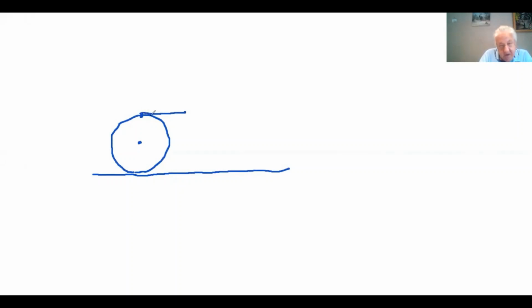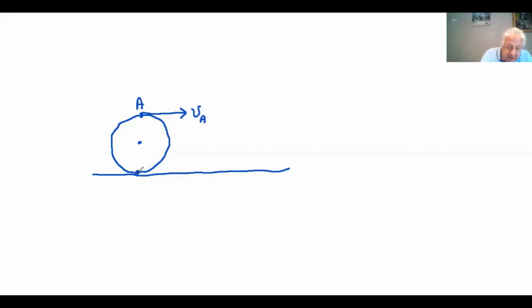So let's look at our rolling disk. Now we've looked at the velocity of the center of mass, and we found it to be v equal to the tangential velocity. Now I want to look at the motion of a point on the circle. Let me call this point A, and let me find its velocity.